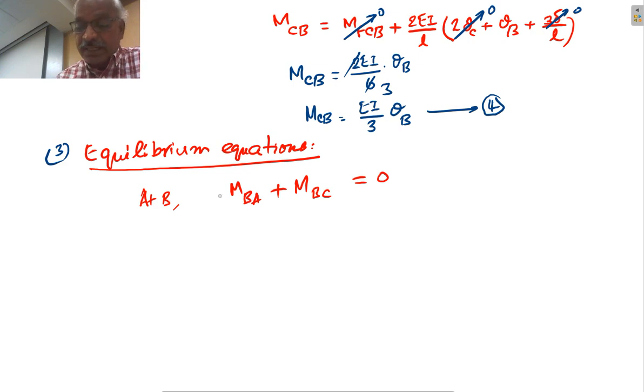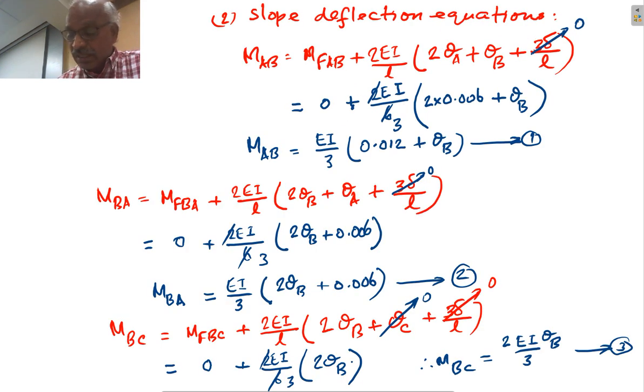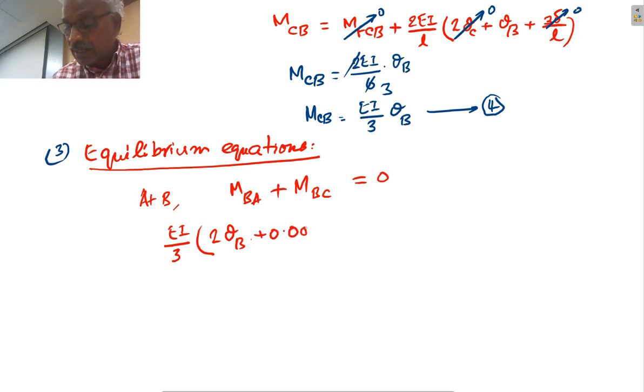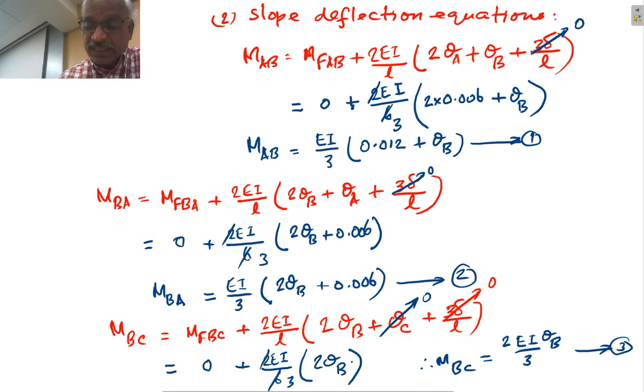Now coming to MBA equals EI by 3 into 2 theta B plus 0.006. This is MBA.